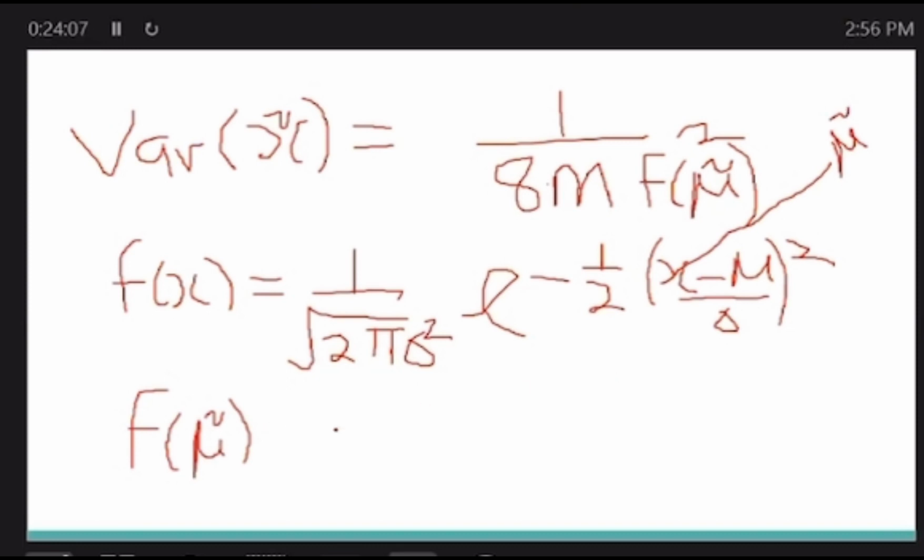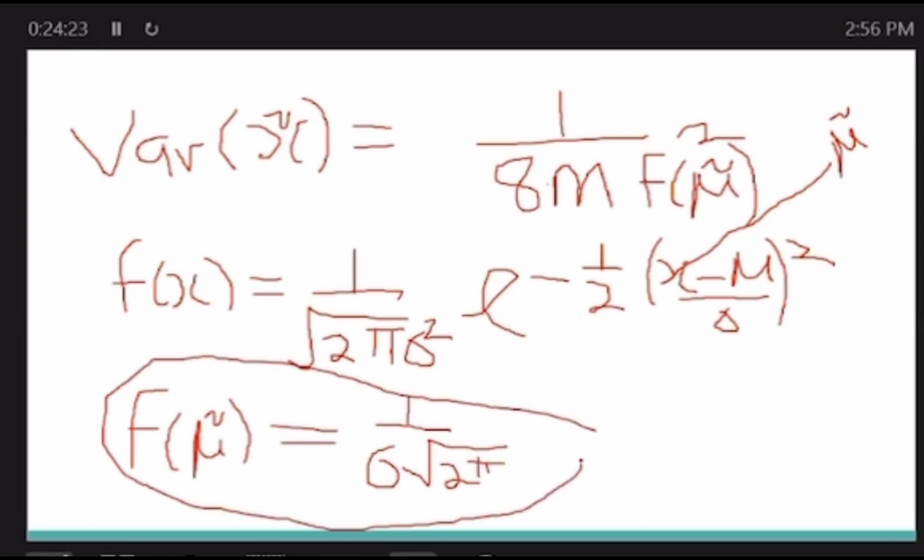In that situation I'm left with 1 over sigma square root of 2 pi. This is what I'm going to plug in for f of mu squared.